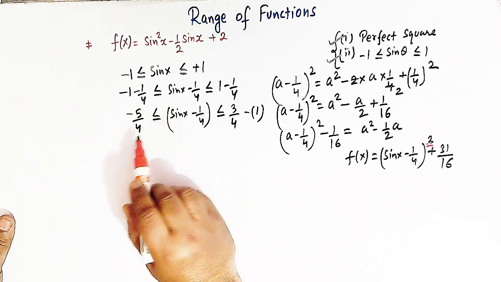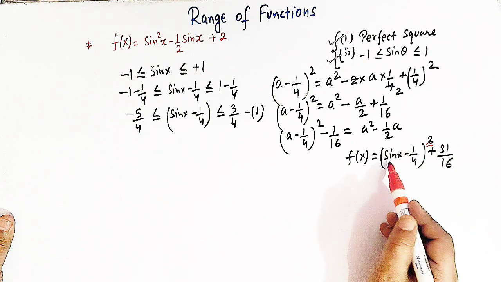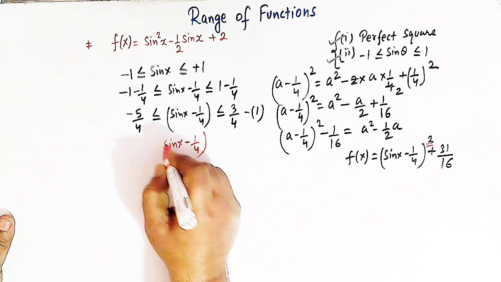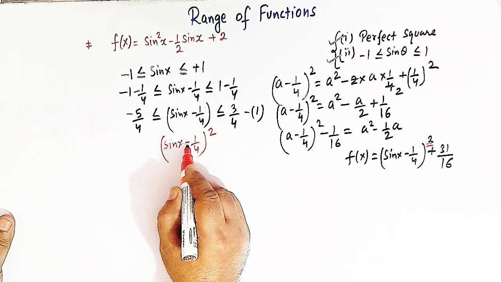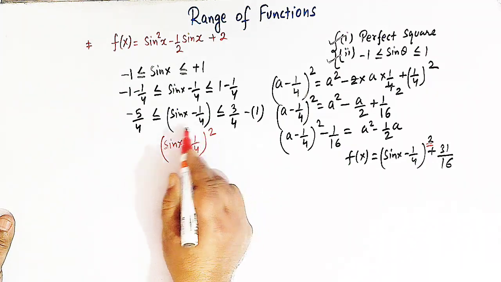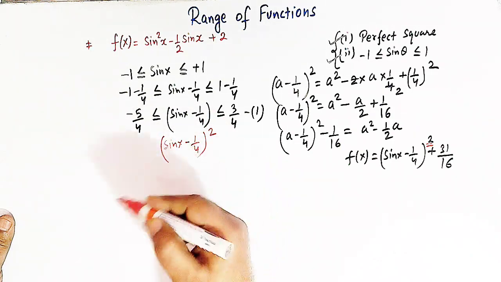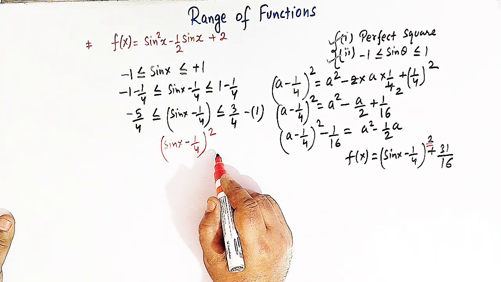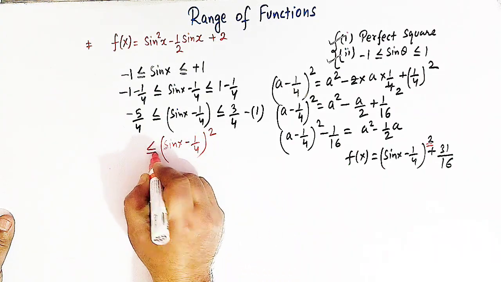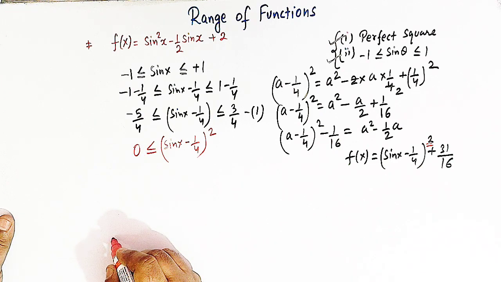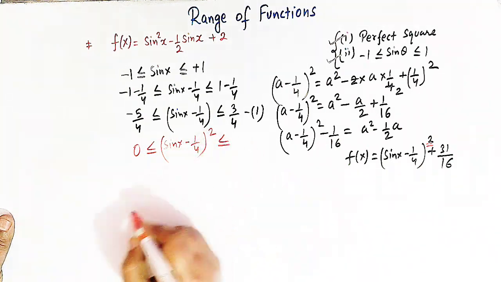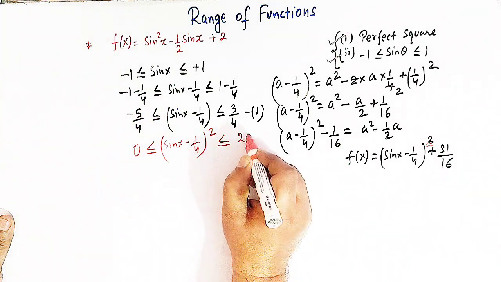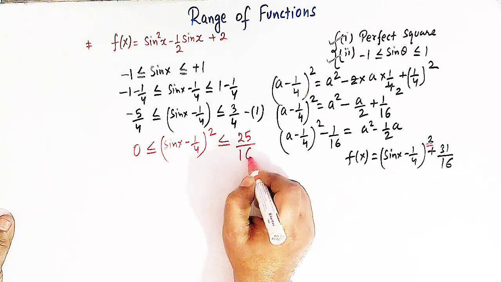When we take the square of sine x minus 1 over 4, it is a positive quantity, because every square term is greater than or equal to 0. So this term is greater than or equal to 0, but it is less than or equal to the square of this term, that is 25 over 16.